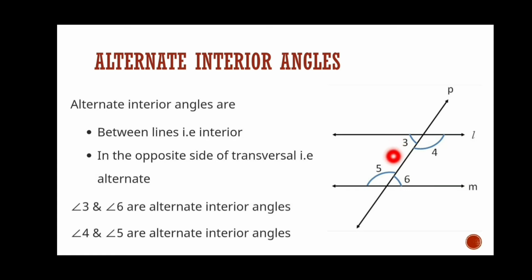So what are the pairs of alternate interior angles? 3 and 6. Similarly, we can see angle 4 and angle 5 are a pair of alternate interior angles. So here 3 and 6, and 4 and 5 are alternate interior angles. I hope this is clear.